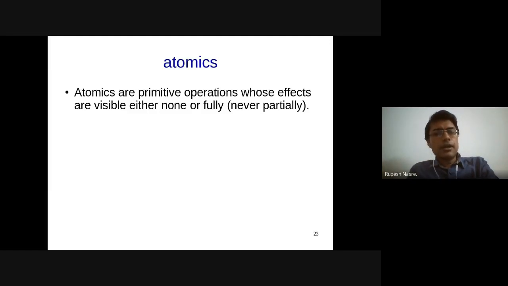The teacher will not probe the student in between, asking whether part of the assignment has been completed. If that is the case, then we say that the finishing of the assignment is an atomic operation, because none of the instructors will be able to see the intermediate state. They will see that the assignment is either not done or fully done. So that is like an atomic operation.